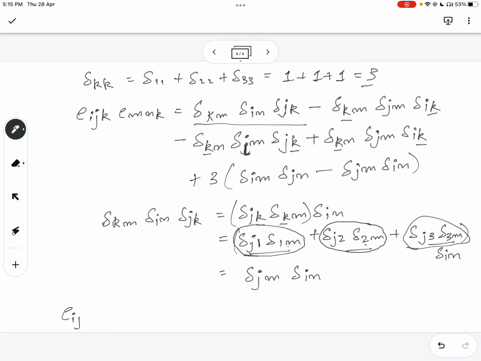Therefore our expression Eijk Emnk becomes delta In, delta Jm minus delta Jm. I've written something wrong.